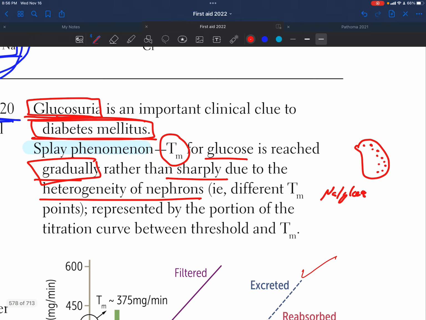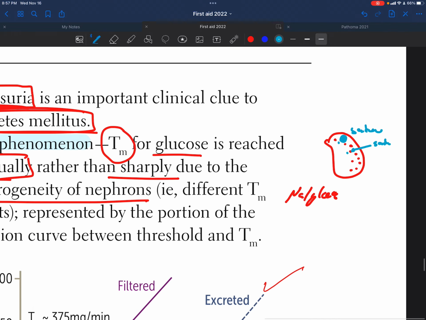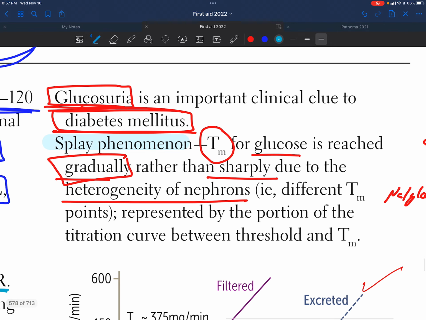So if the channels within one glomerulus get saturated, it doesn't necessarily mean that all the channels within another glomerulus will also be saturated, because the amount of channels in this glomerulus is different from the amount in that glomerulus. So that's how we get this splay phenomenon.